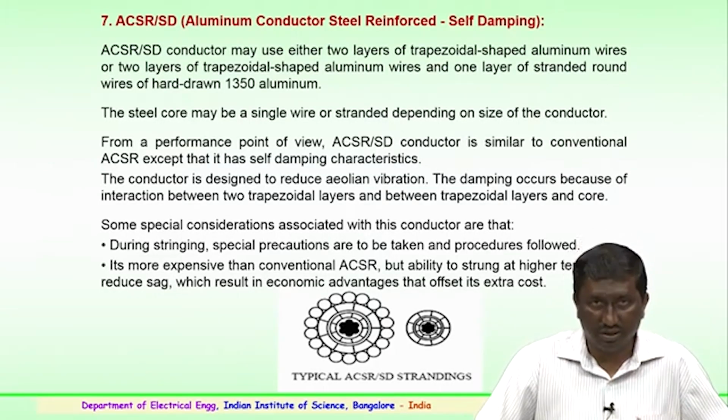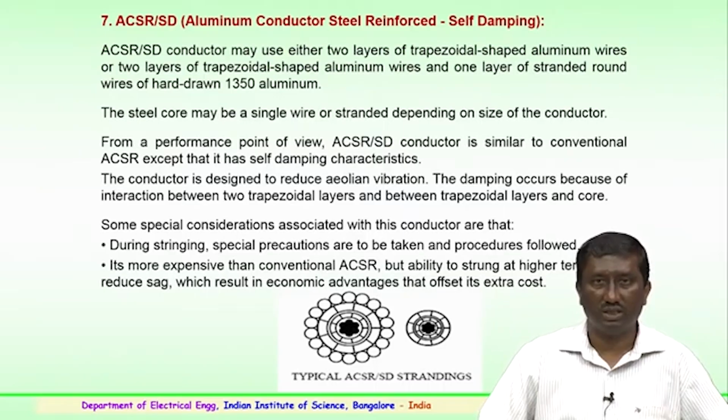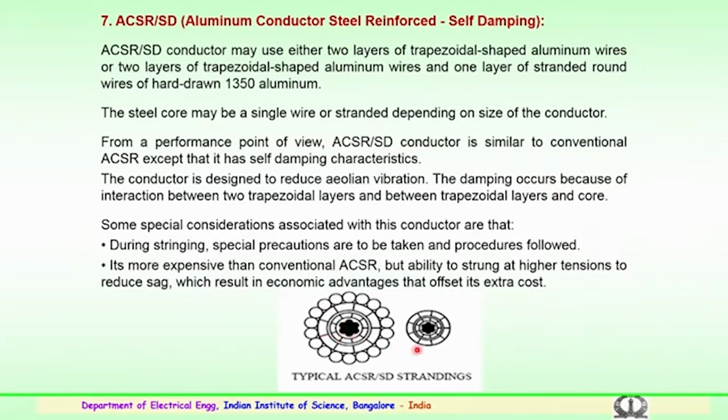So, the similar aluminum conductor steel reinforced having self damping characteristics could use either 2 layers of trapezoidal, as shown here, or 1 layer of standard round, as shown here, of hard drawn 1350 aluminum alloy conductors.